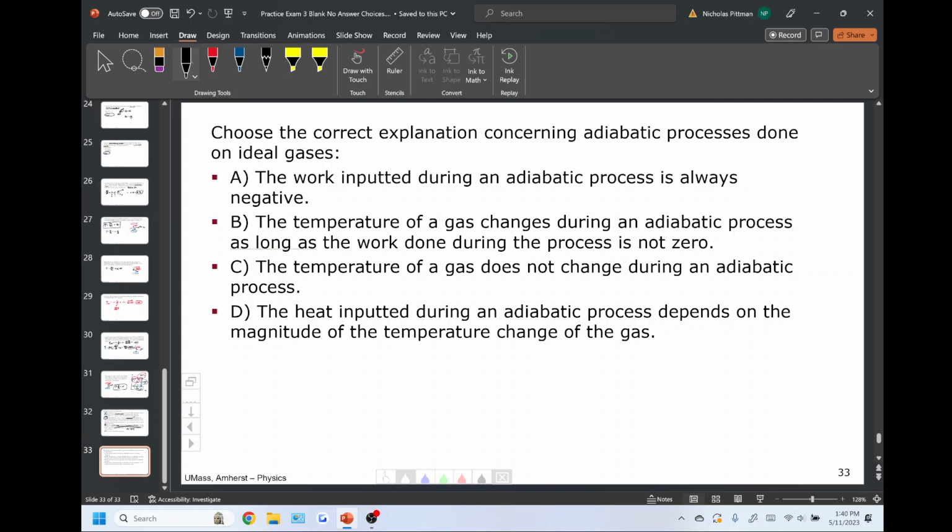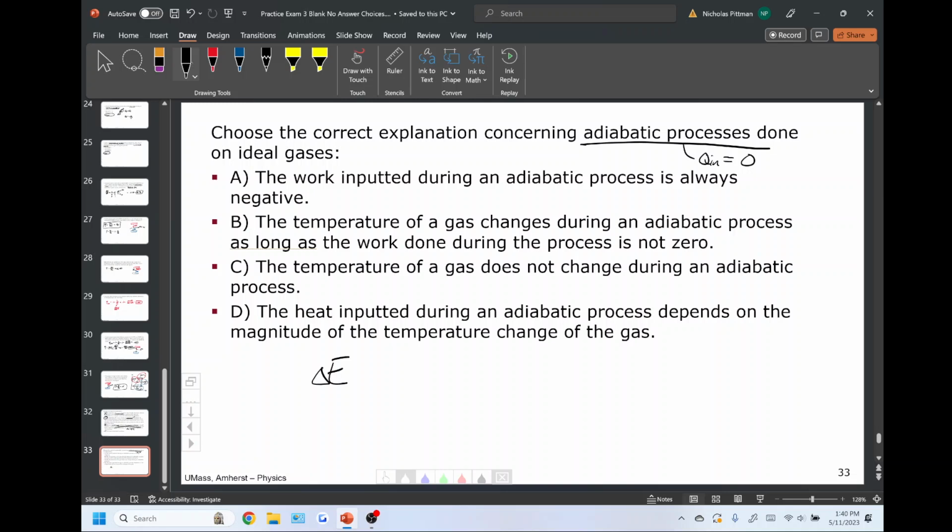Okay, and adiabatic processes. Let's see. An adiabatic process, just a reminder, means the heat inputted is 0. Let's just write out the first law because I see a lot of things about thermal energy and temperature of a gas here.